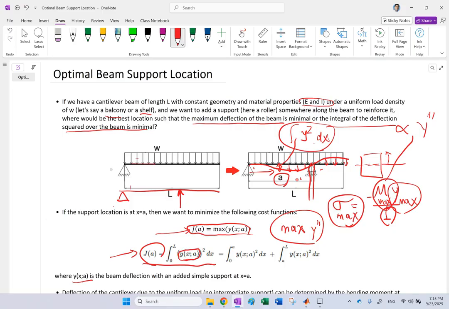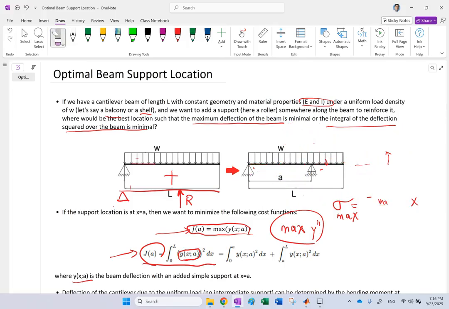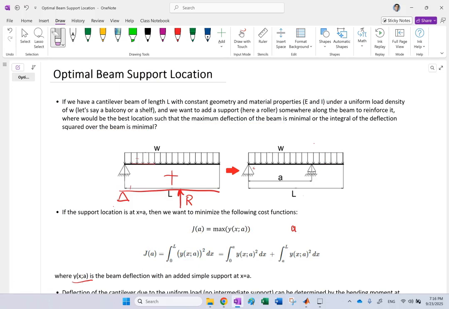We can call it R. Okay, so if I add these two scenarios together, that is going to be this real case scenario. And if I assume the deflections are not really big, I can use superposition. I can find y as a function of x and a, and then I can calculate my cost function.